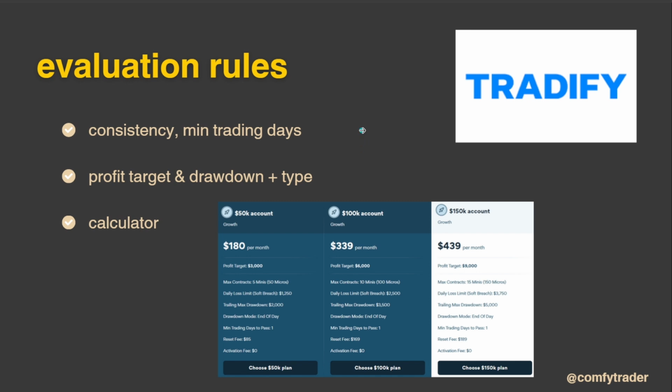And here I only differentiate between end of day and intraday, or there are a couple out there with fixed drawdown. The evaluation is one part of the trading that most of the time we will skip as fast as possible, because the goal is going for the funded sim and funded stage.